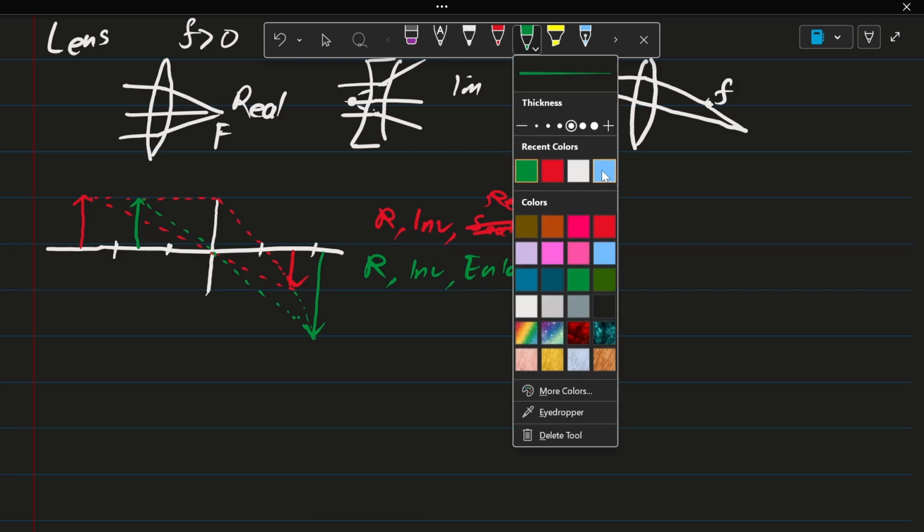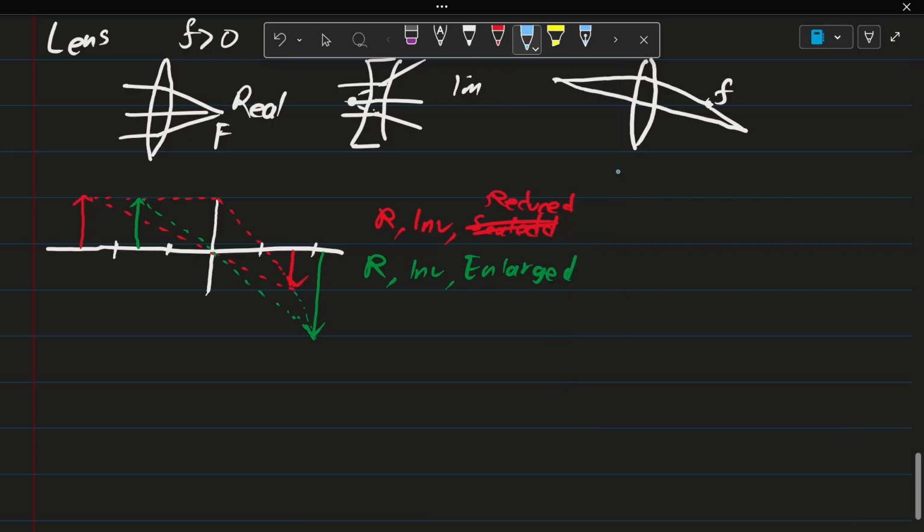Finally, if we go with a different color here and put your image within the focal length, this will be an imaginary image. So it's imaginary, but it's upright, and it's also enlarged. So it works very similar to how mirrors work, but your real and your imaginary images are flipped.